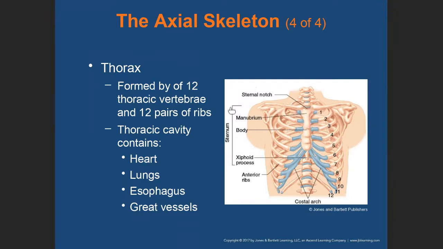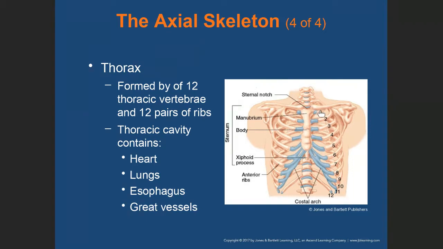The sternum is divided into the manubrium, which is the top or superior portion, the body, which is the mid portion, and the xiphoid process, which is the tip, which can be broken off when doing CPR if hand position is not good.